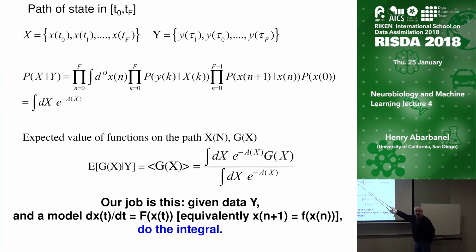This is related to the errors you make in measurements, and this is related to the errors that you make in models. If you had absolutely no error in your model, you were spectacularly great, this would be a delta function in the appropriate space saying, if you tell me where you are now, I will tell you exactly where you will be in one step.